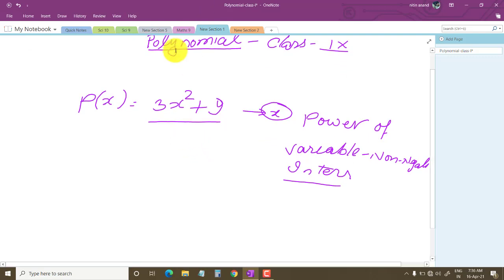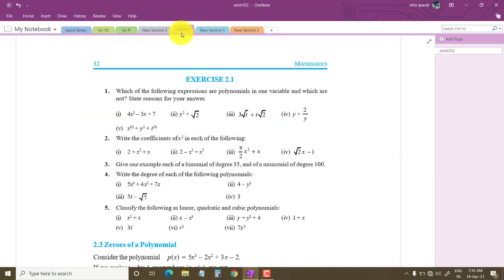Now see question number 1 of the NCERT book. The question is: which of the following expressions are polynomials in one variable and which are not?